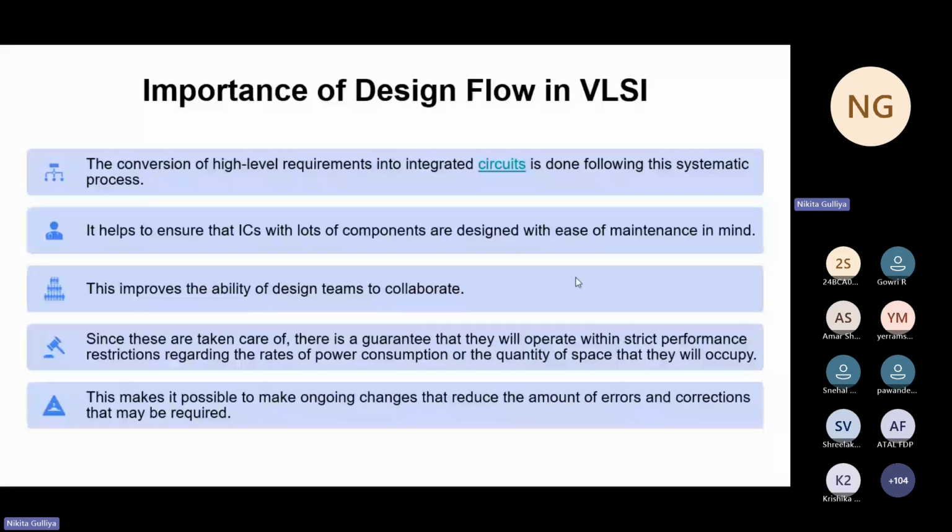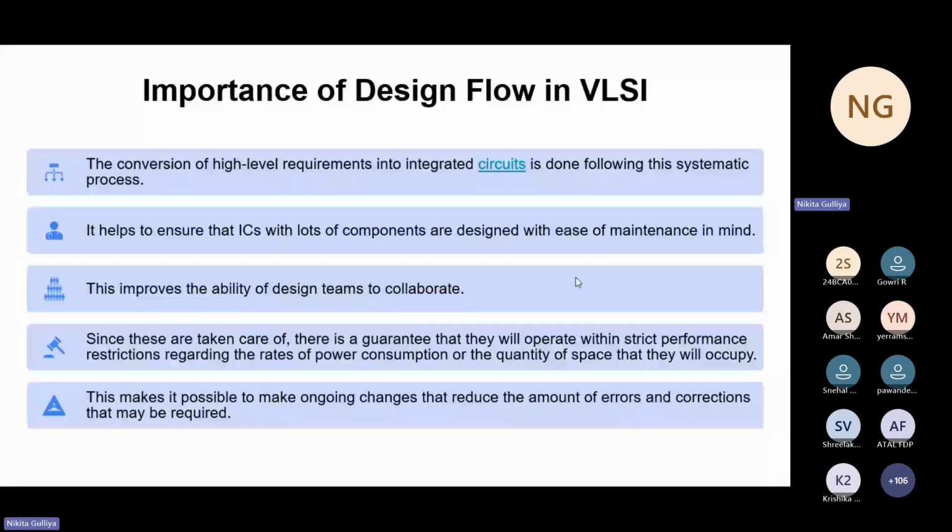Another major benefit is team collaboration. Chip design involves multiple teams: architecture engineers, RTL designers, verification engineers, physical design engineers, and the testing team. A common design flow ensures smooth coordination, synchronization, and clear handoffs between these team members. The design flow also ensures that strict power, performance, and area constraints are met.